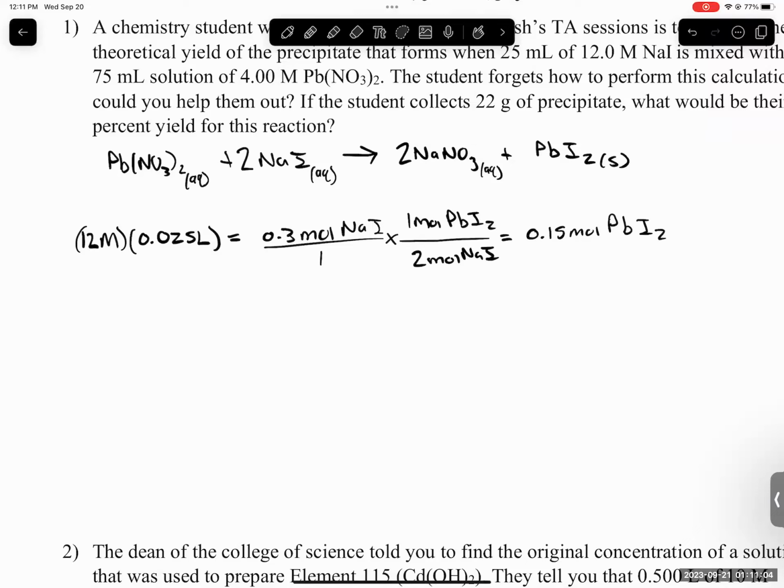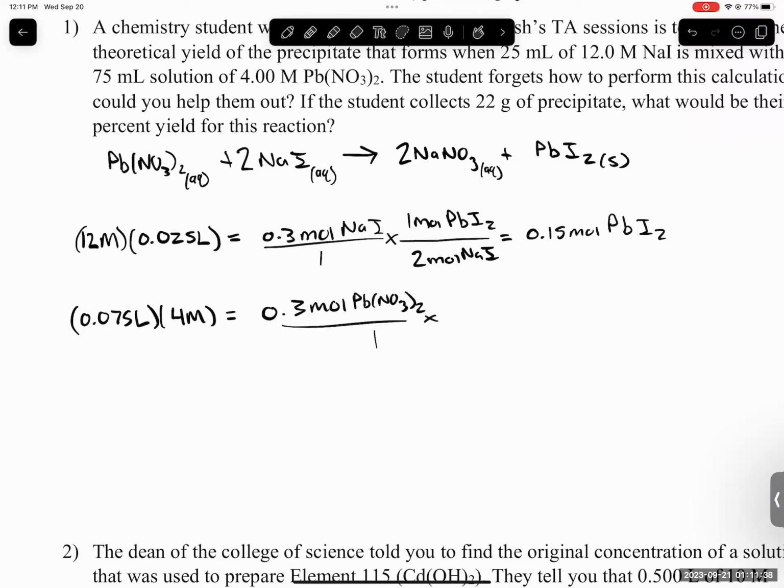Again, I chose to start with sodium iodide, but I was already planning on doing lead(II) nitrate from the very beginning too. 0.075 liters times the 4 molar is going to be 0.3 as well. And this is Pb(NO3)2.